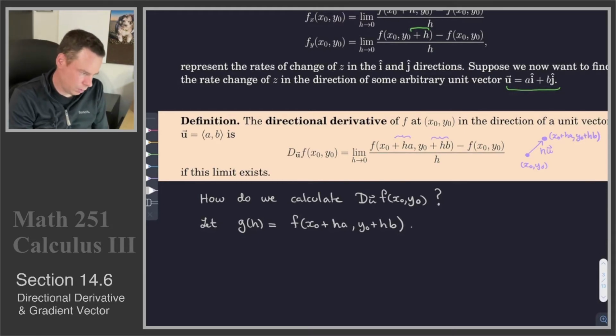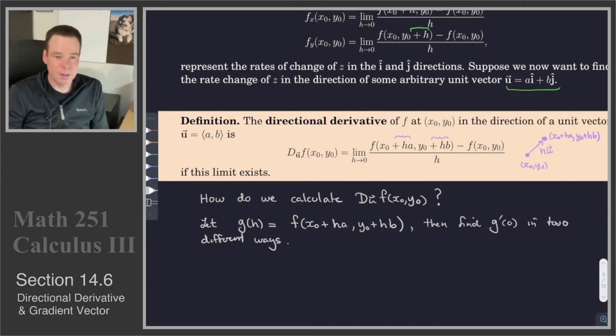And now what we will do is find, or compute, g'(0) in two different ways. So we've got this function of a single variable. Let's compute its derivative at 0 in two different ways.